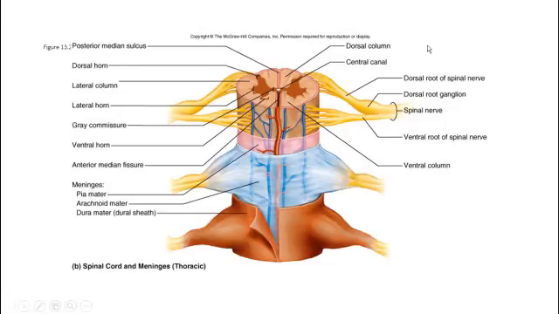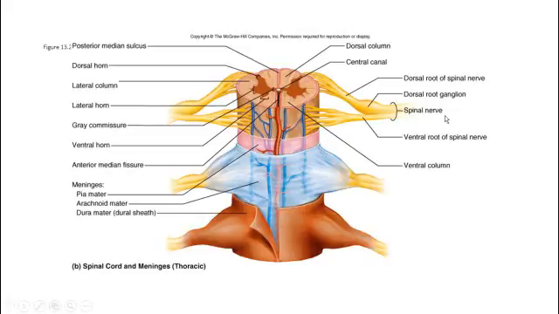So when we look here, a spinal nerve comes out of every level of the vertebra all along the spinal column, and that spinal nerve is made up of fibers coming from the dorsal side, carrying just sensory information, and also fibers from the ventral or anterior side, carrying motor information. And then they combine to make a spinal nerve that has many neurons and carries both motor and sensory information.